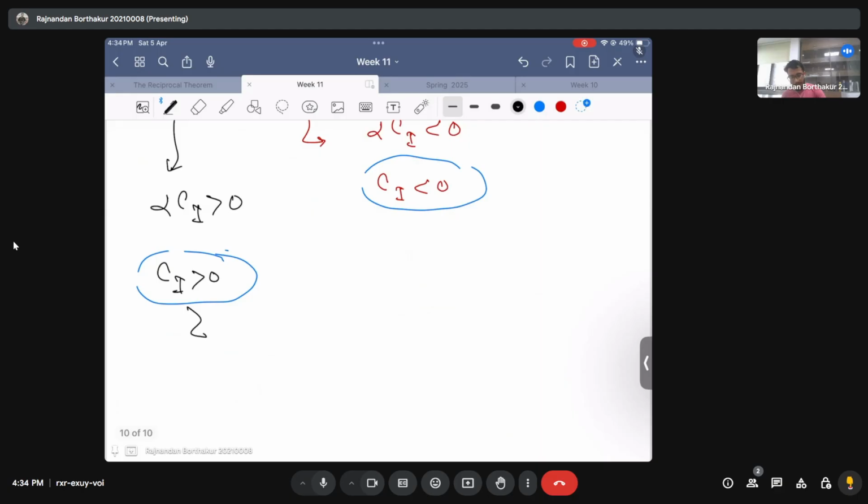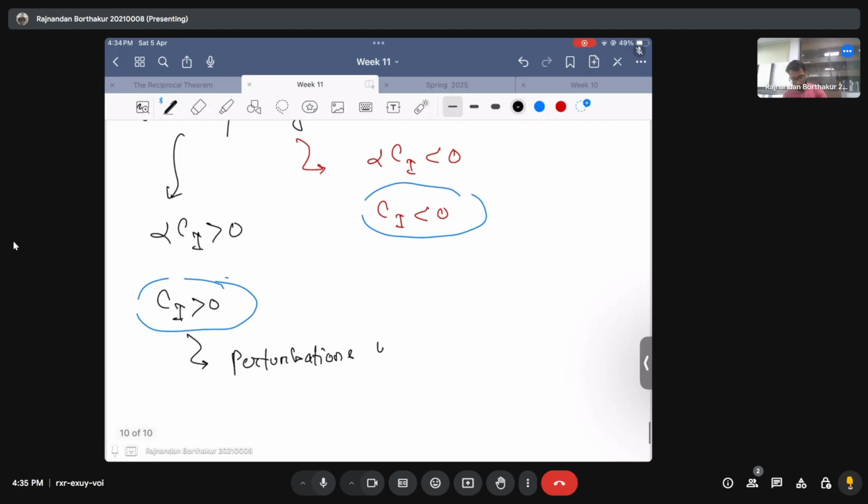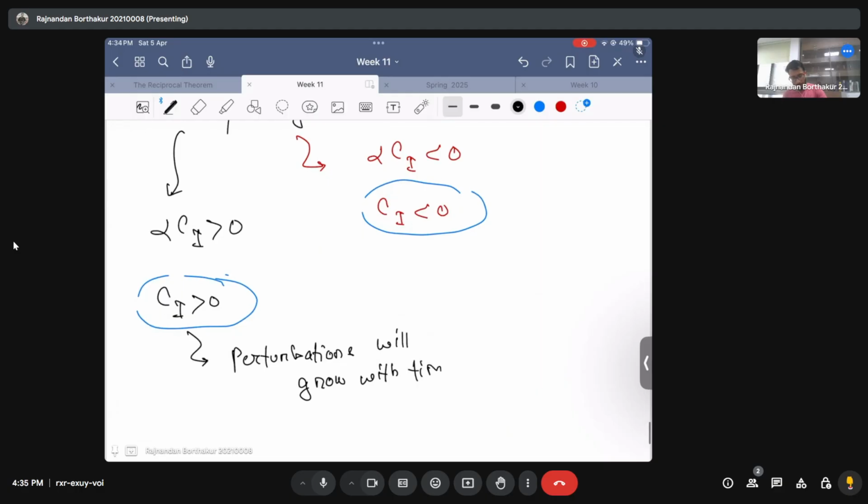So if ci is greater than 0, perturbations will grow with time, and if your ci is less than 0, your perturbations will decay with time. So the condition for stability is that ci is less than 0. In other words, this is the condition for stability.